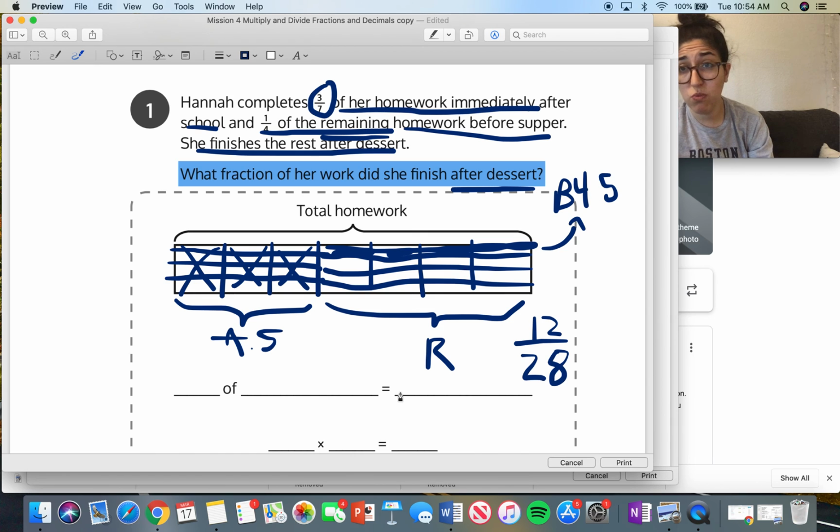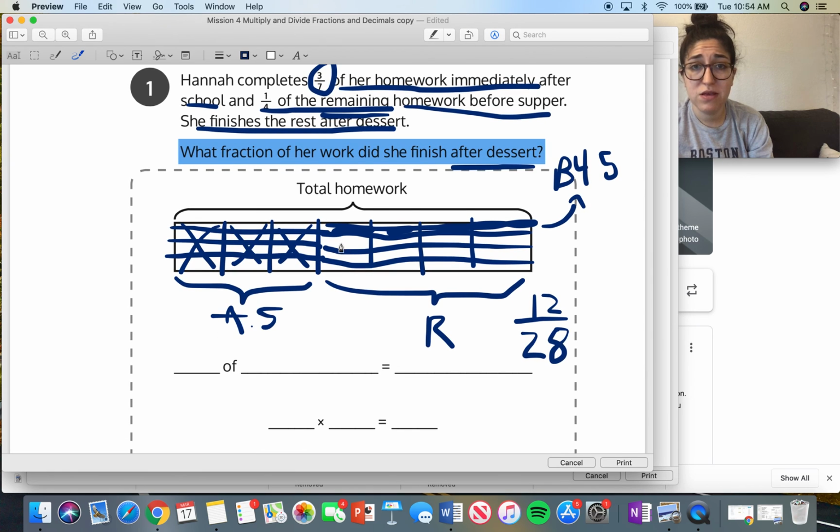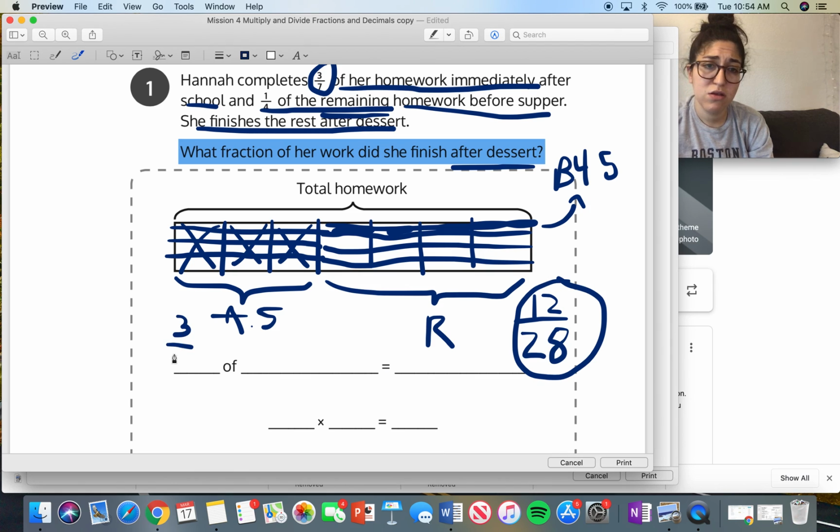All right, so that's one method to do this. I hope that made sense, and please let me know if you had any questions. So in case you were curious, how much did I have here of the original equals 12/28. It would be 3/4 of, because 3/4 that was left over, right?